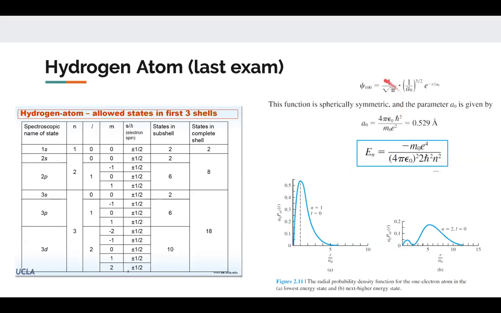So this is when n is equal to 1, and m and l are equal to 0. That's the equation that pops out. a naught is just a constant called the Bohr radius. We substitute in a naught, which is 0.529 angstroms.